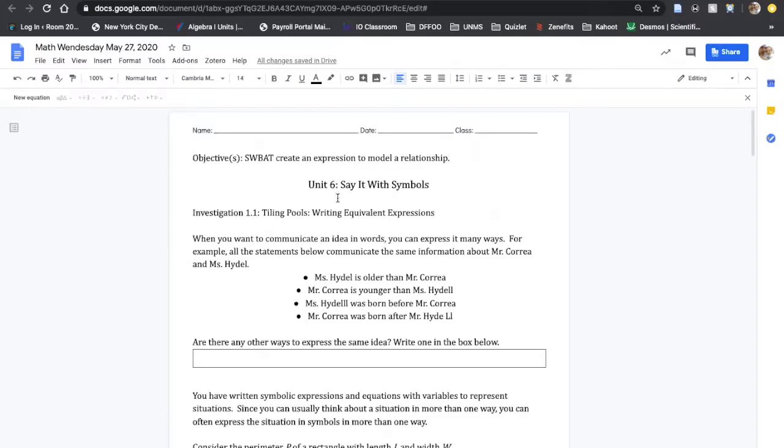The idea is in algebra, we use symbols or variables to represent information, right? And sometimes, depending on what information you're looking at, you can express that different ways. For example, I have four different statements here that all mean the same thing.